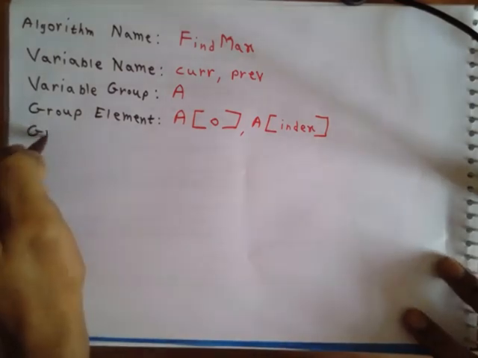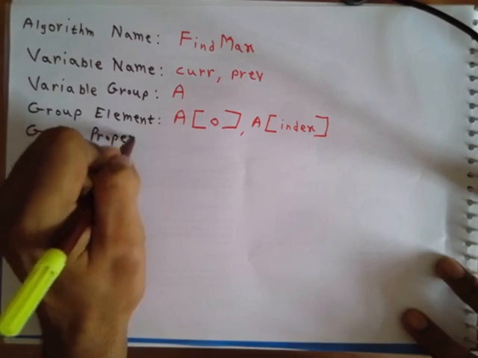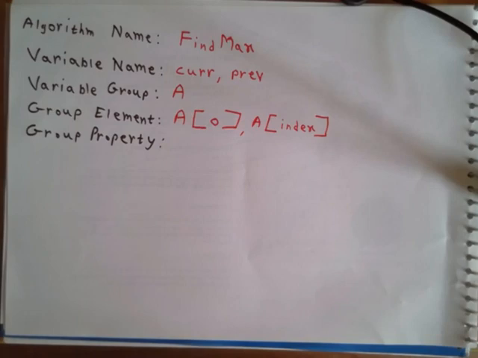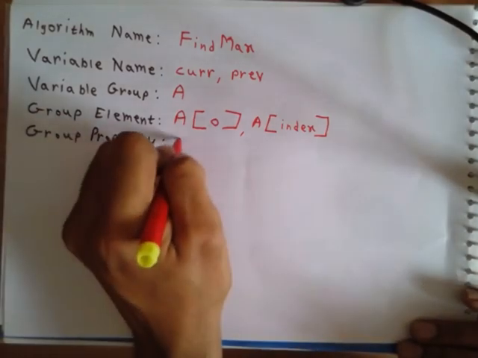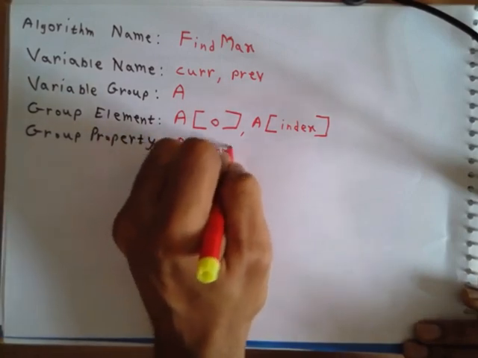I can say that this group has a particular property. So for example, in case of group A, I might want to know how many elements are there in group A. So I would represent it as A.length.